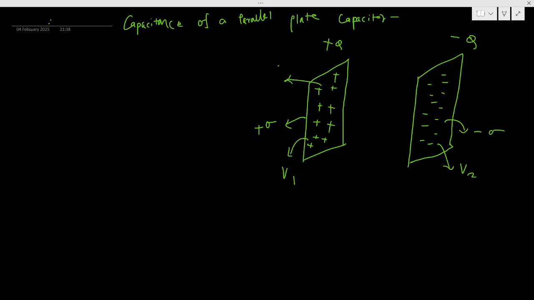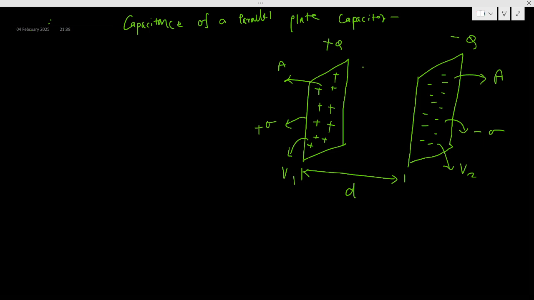The area of this plate is A, and this plate also has the same area A. The separation between the plates we can take as D. The distance between the plates is D, and we have to find the value of capacitance.